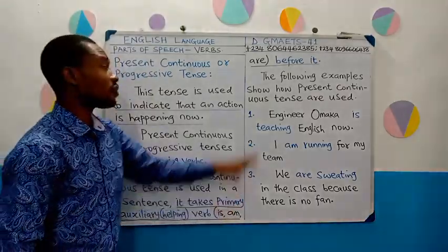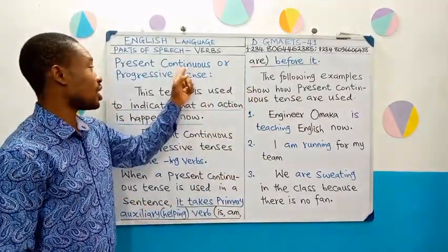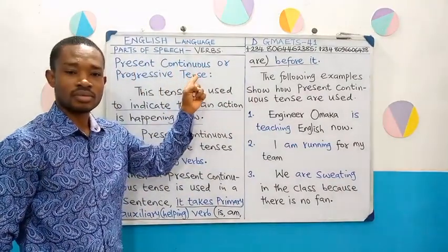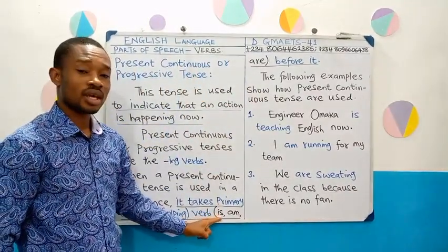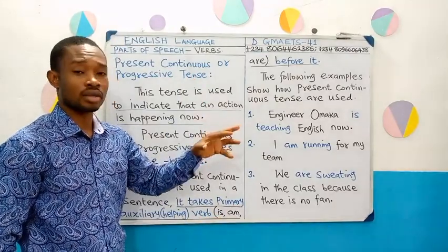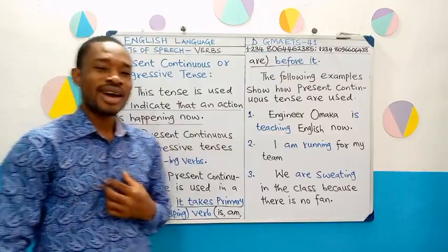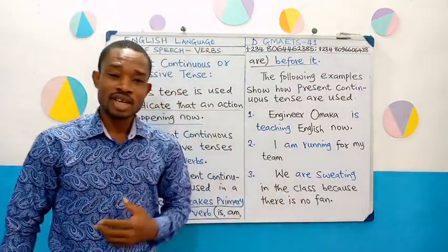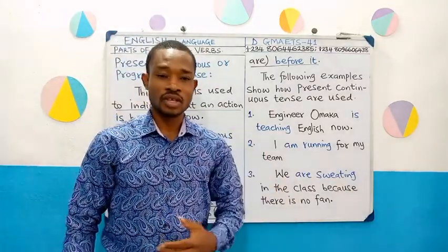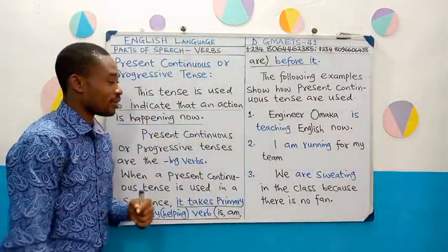So these three, very important for you to always remember that continuous tense, if it is present continuous, has to take this primary auxiliary verb in their present tense, is, am, are, any one of them, depending on the subject of the sentence. Don't worry, we are yet to learn about subjects and objects of a sentence. In other classes to come, we will learn about them.